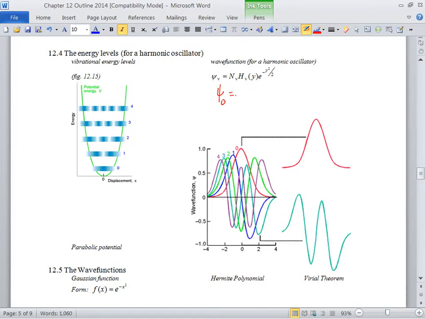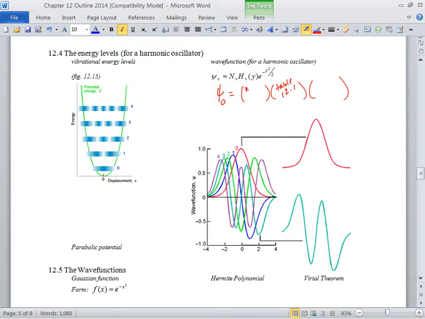Oh, you guys didn't bring your book, did you? I'll look it up here. That's table 12.1. And here's our normalization constant.